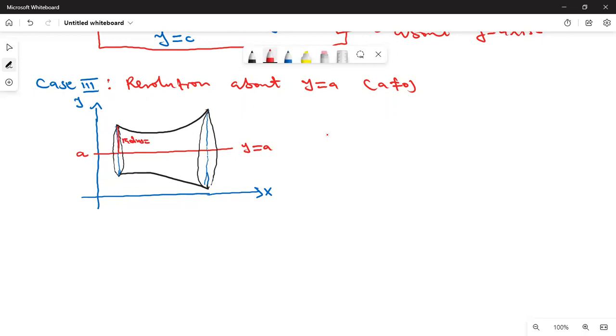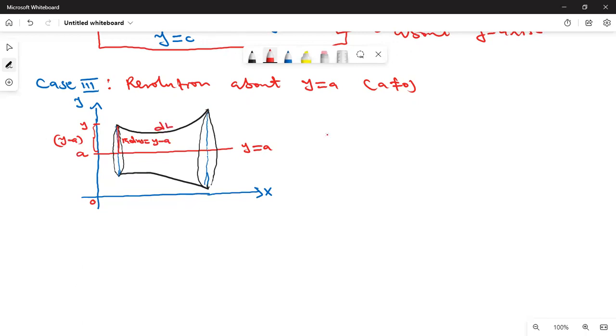No, because from 0 up to here, it is y. Now, what is the distance from here? Well, this is our radius. It is y minus a. That's very important. So our radius is now y minus a. Our height is still dl.